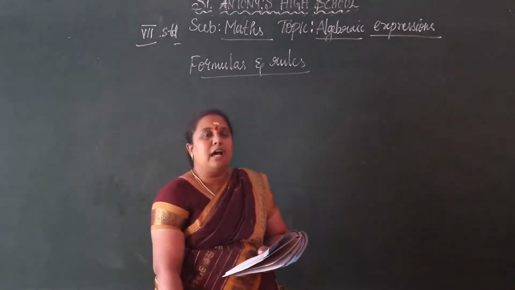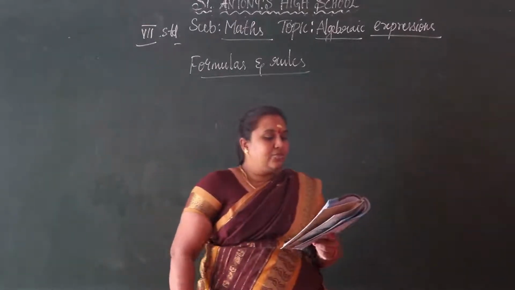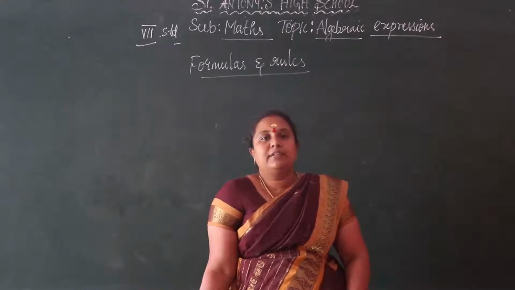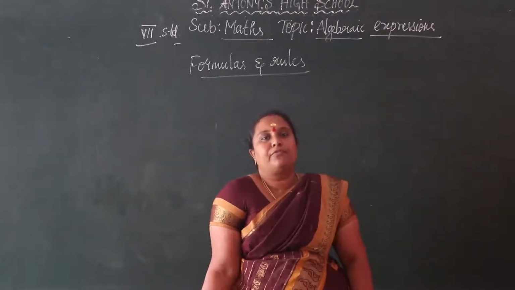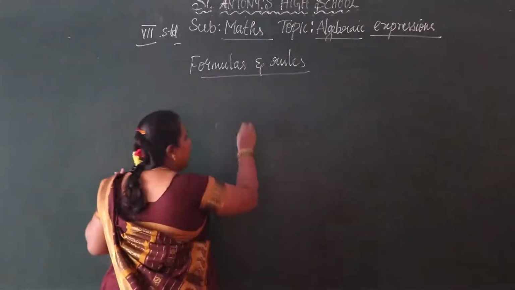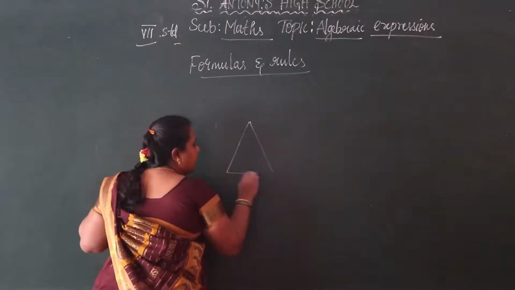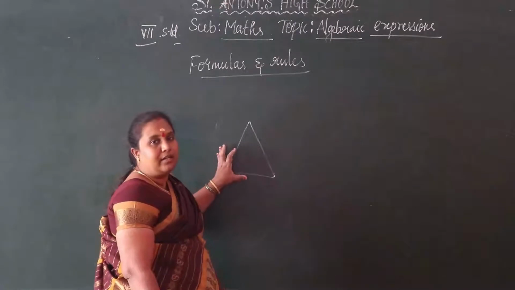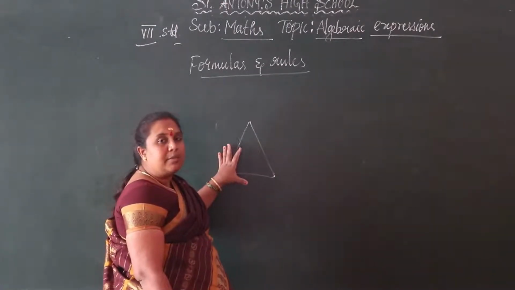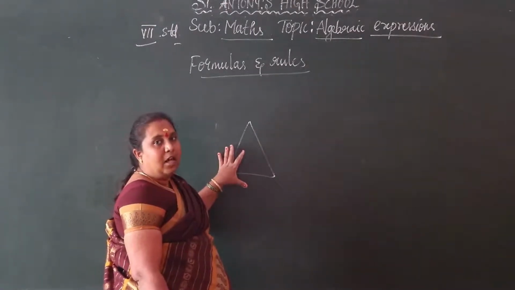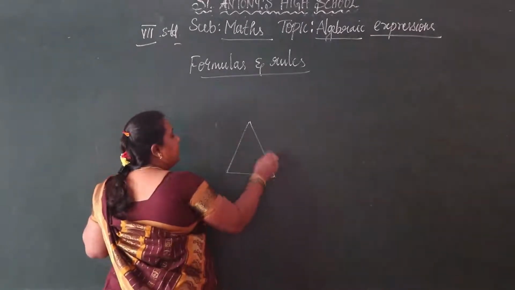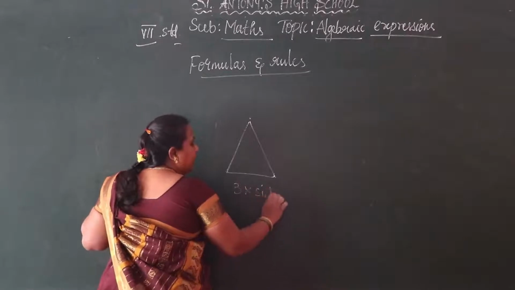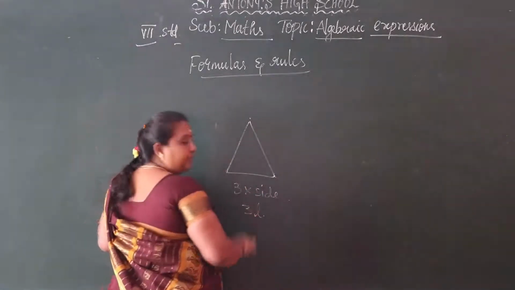For perimeters, we have shapes, that is triangle, square and pentagon. We have to find out the perimeter of a triangle. You all know, children, from your earlier classes itself, is it right? Perimeter of an equilateral triangle, not about other triangles. So 3 sides are equal. So 3 into side, this we can write 3L.